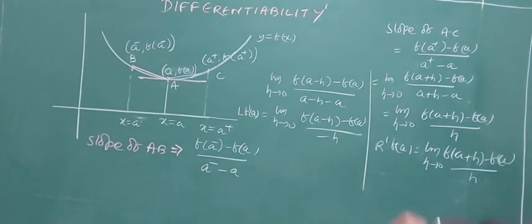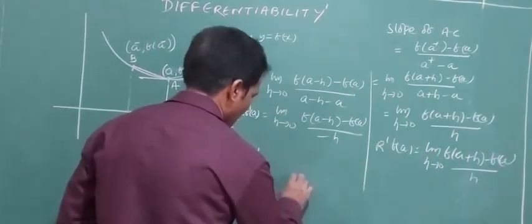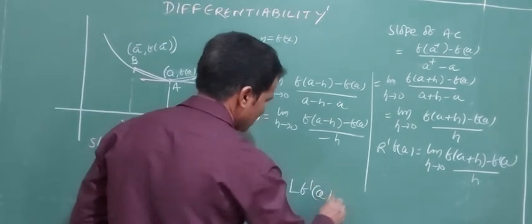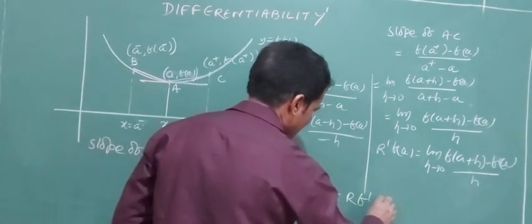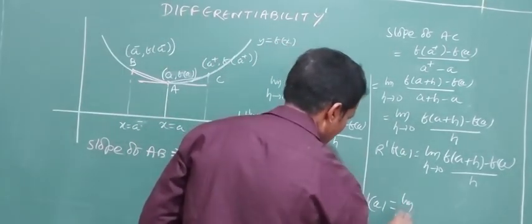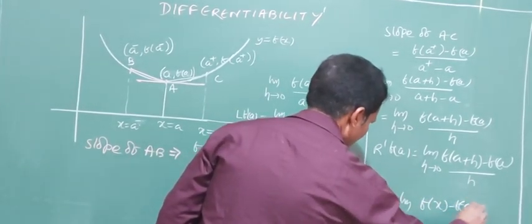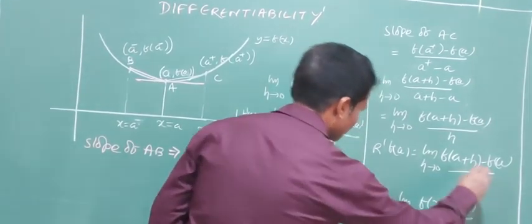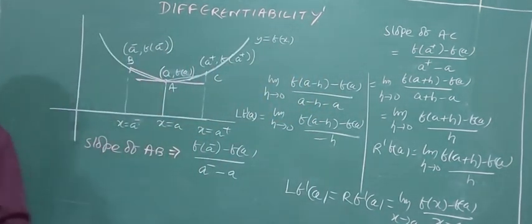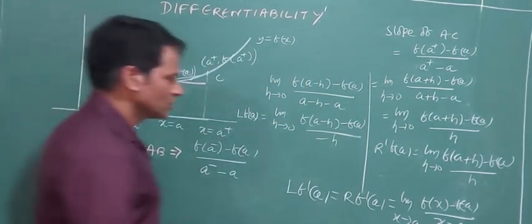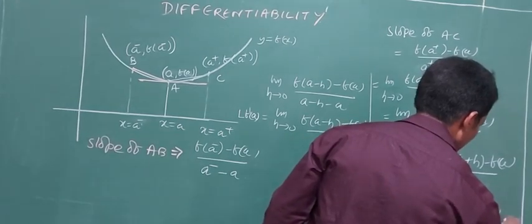If it is differentiable, then f dash A is equal to limit x tends to a of f of x minus f of a by x minus a, which is equal to f dash of a.